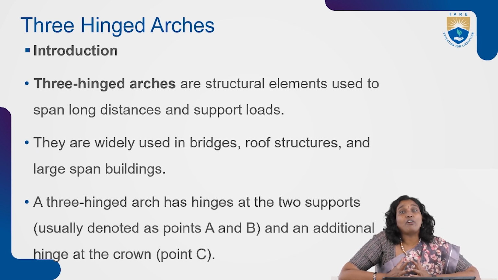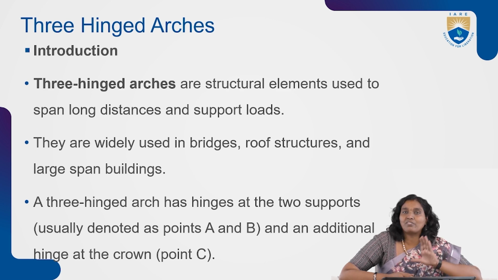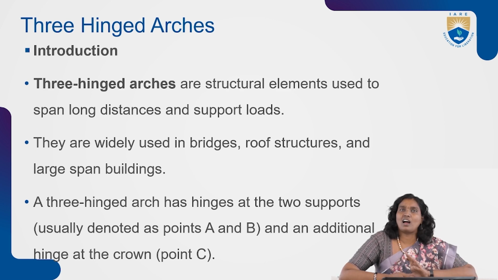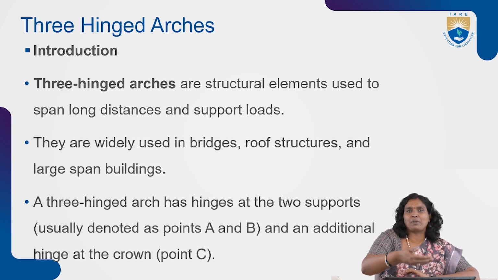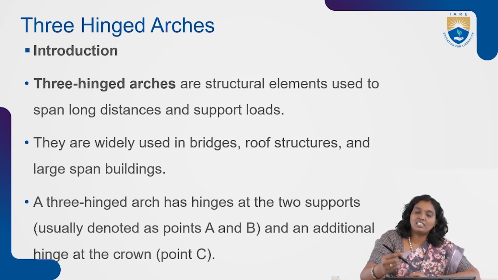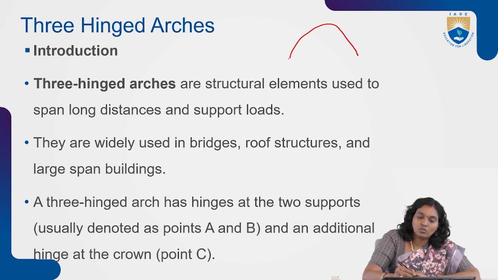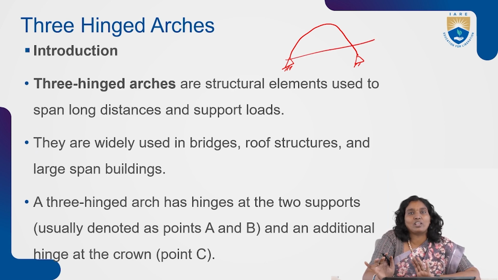On which type of analysis of structure we are using these kind of three-hinged arches. So the name itself tells us three-hinged arch. Here we have three different hinges present in that particular arch. This is the shape of the arch. In this, the ends may be at a similar axis, sometimes it may not be similar, it depends upon the requirement of the arch.